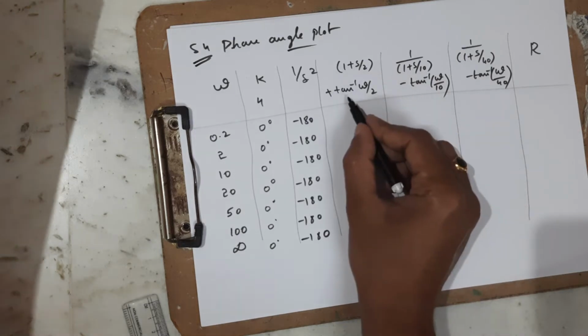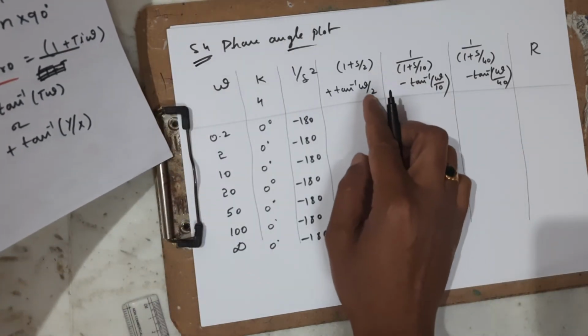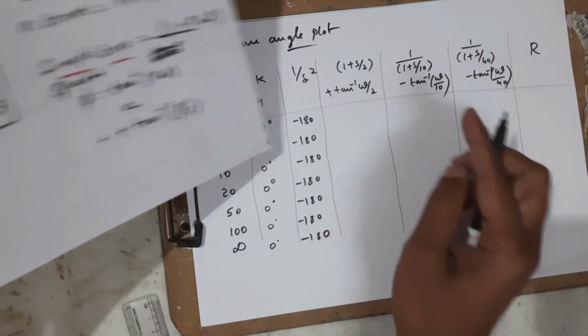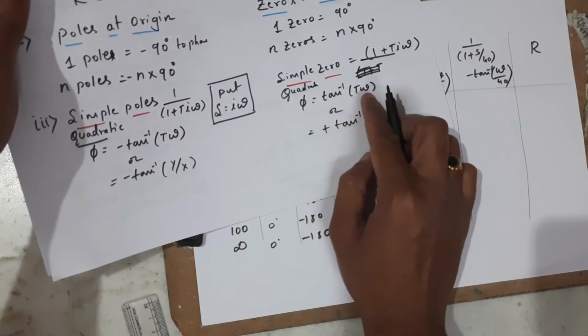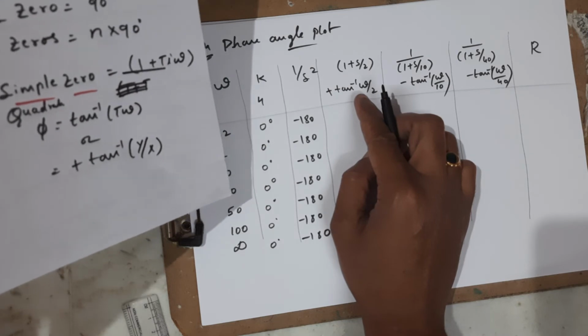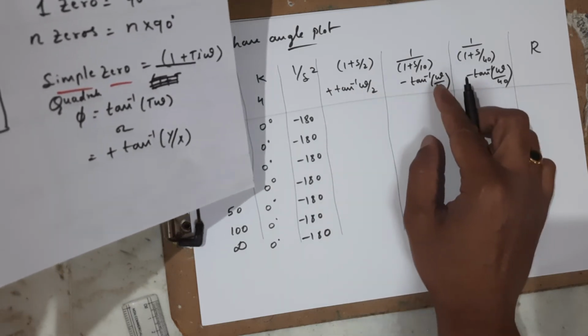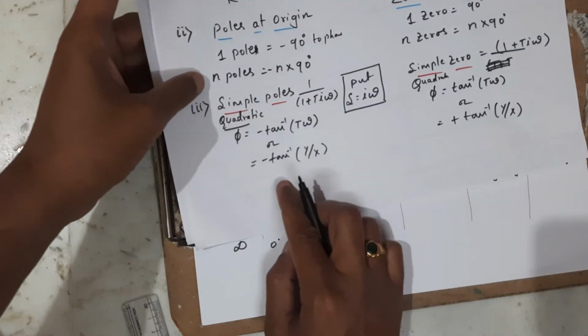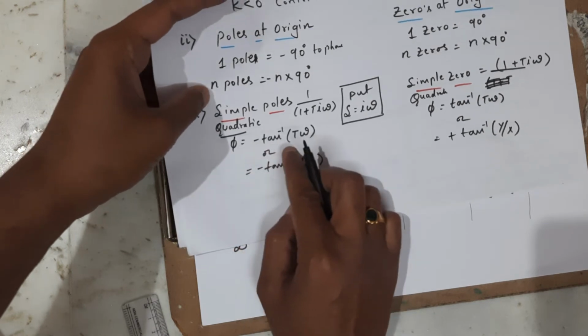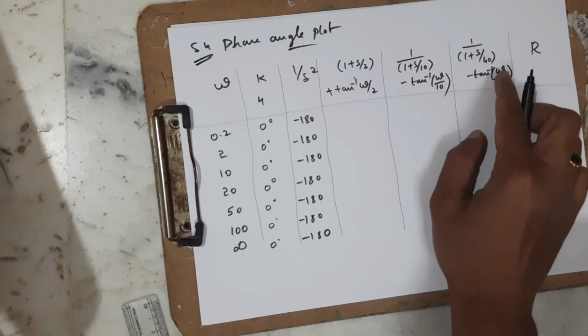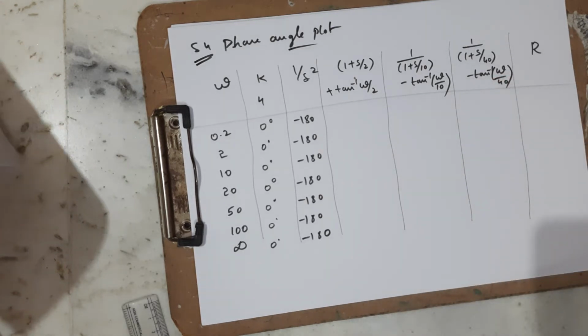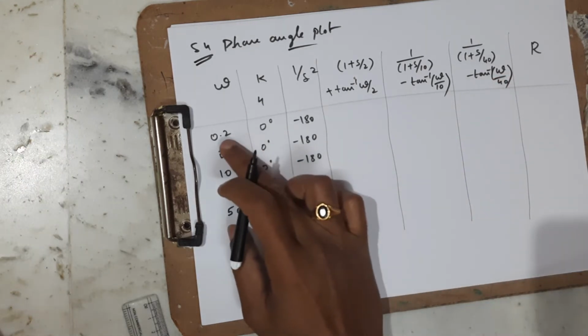Now here is the term. For a simple zero, the contribution is plus tan inverse of omega T, that is what I have written. Next we have a simple pole. The contribution of a simple pole is minus tan inverse of omega T. Now for each value of omega, what are the contributions?